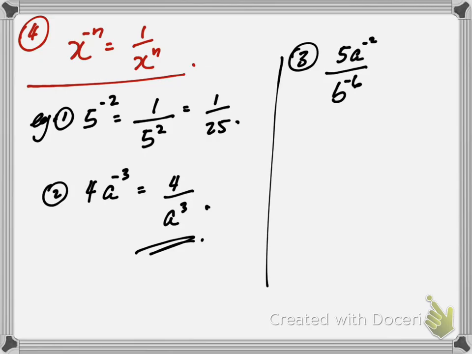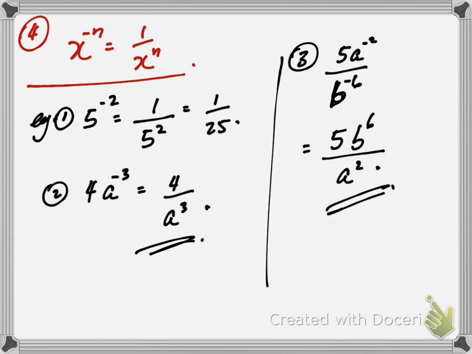If the question says write the answer in positive powers only, one of the rules of thumb is you do not leave your final answer as a fractional power, which we'll come to, or as a negative power. Therefore, you have to always make sure the powers are positive. So you have to flip. Put the i down, take the b up, you end up with 5b to the power 6 over i to the power 2. That's pretty much it.